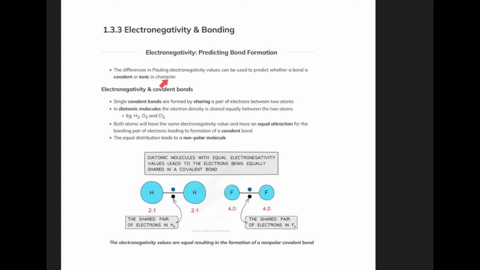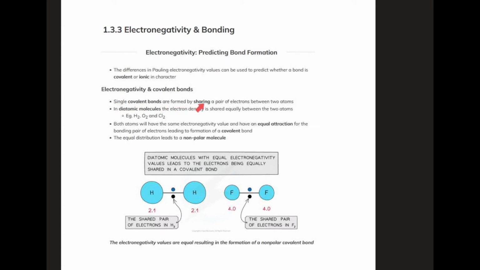Like what I said just now, if the difference is greater than 2, then it is ionic. If it is less than 2, 1 point something, then it is polar covalent. Then if it's 0 point something, then that is non-polar.